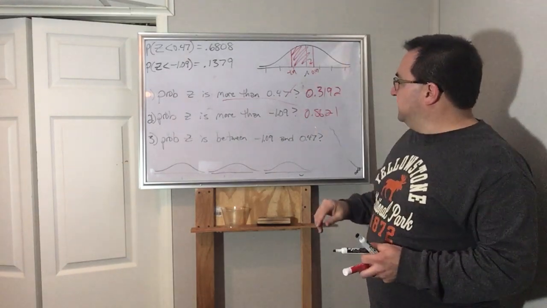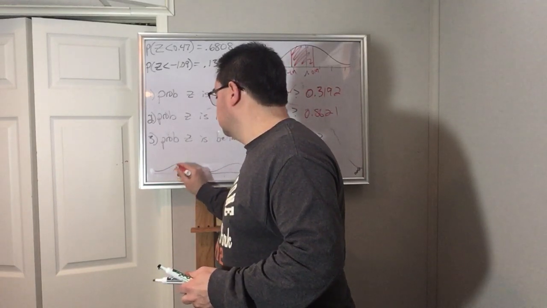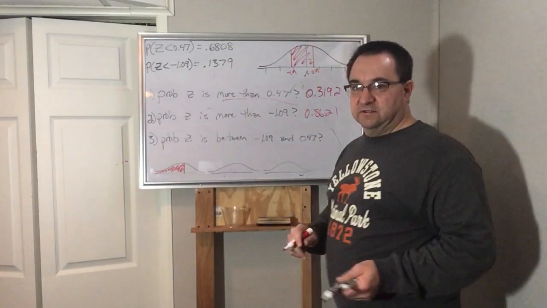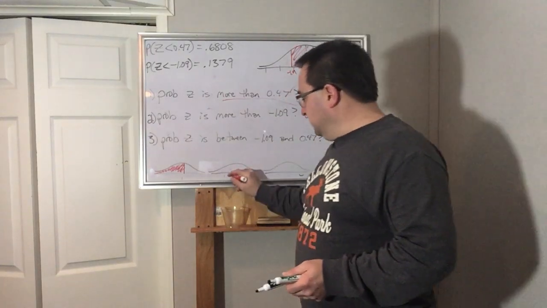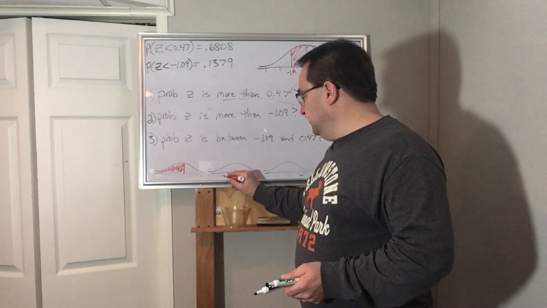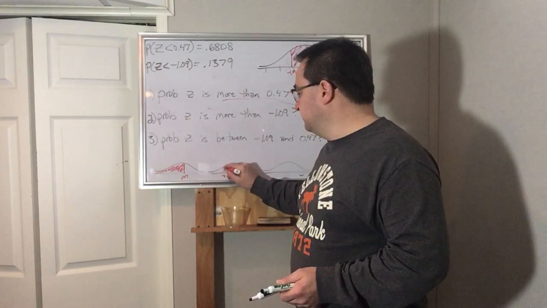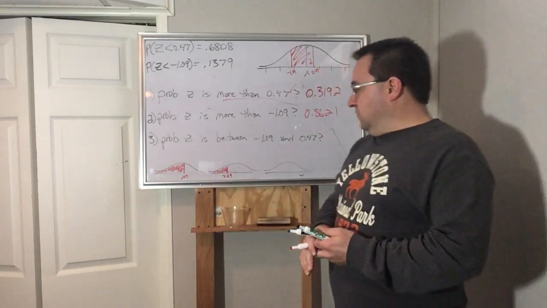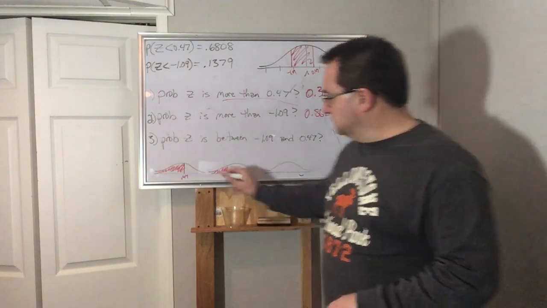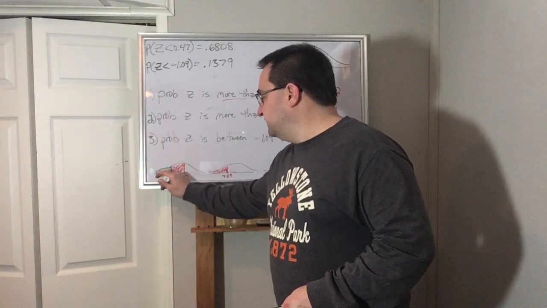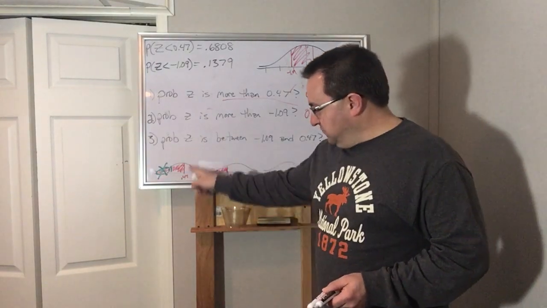See the 0.47? That looks like this. See this here? If this is minus 1.09 and this is the positive 0.47, what I want to do is take all of this and subtract that and look at what's left.